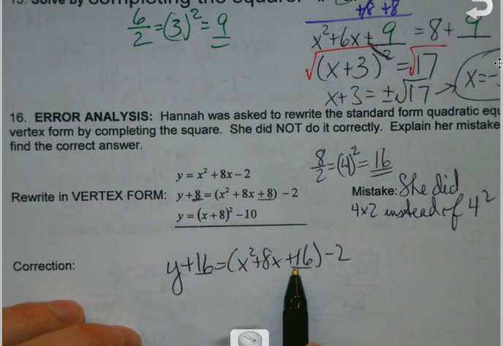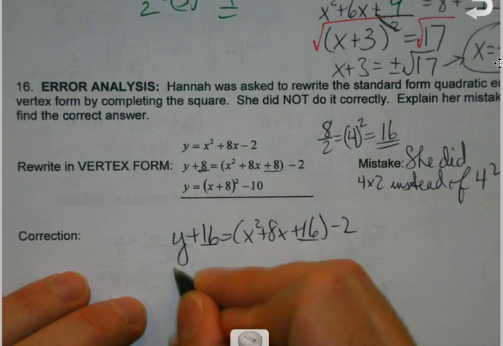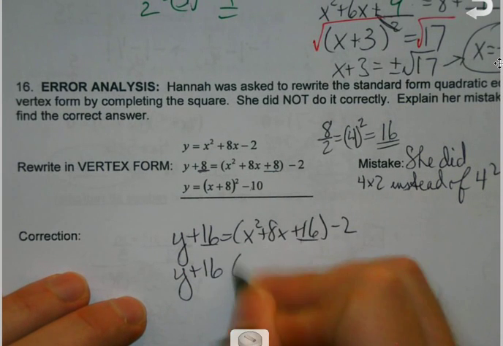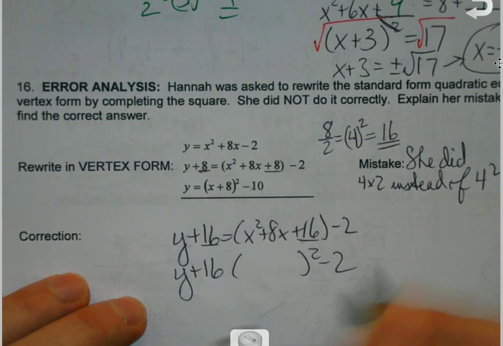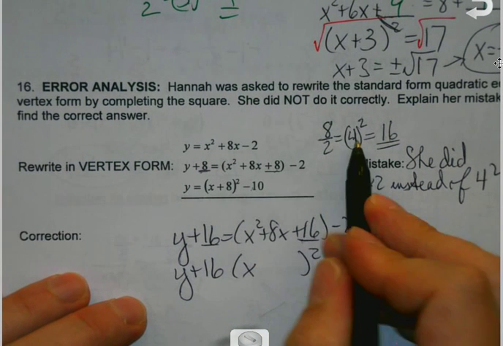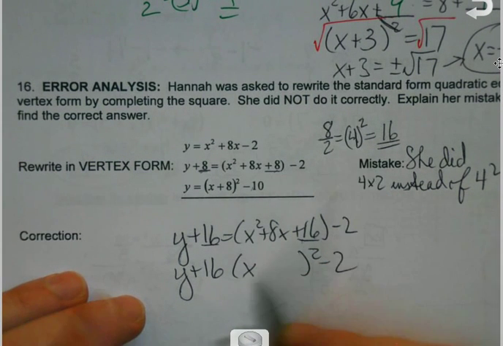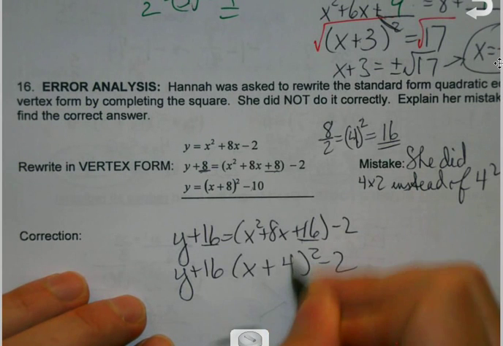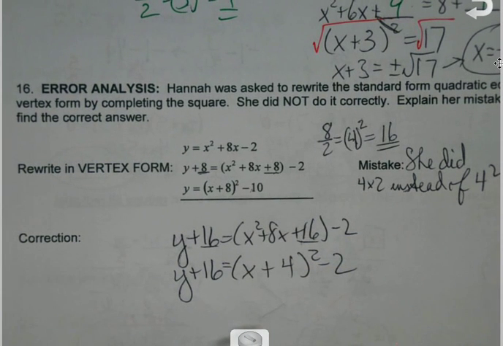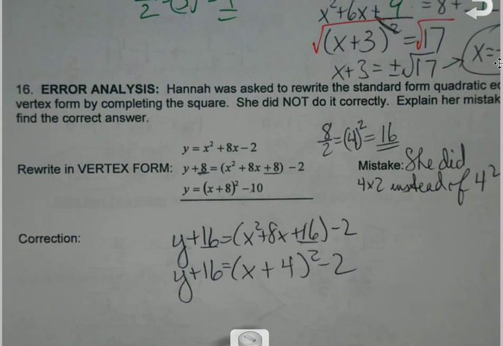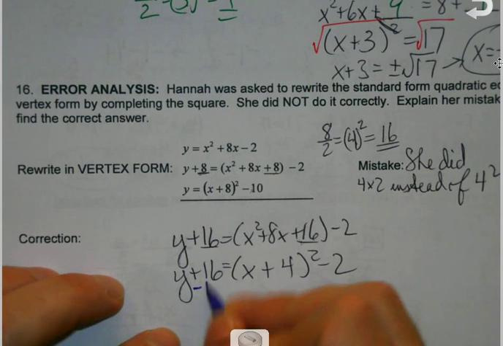And then we know this is a perfect square trinomial that we can simplify to its binomial form. Again, by taking my b divided by 2 number, or I could factor this. Almost forgot my equals. And again, to get to vertex form, y's got to be alone.